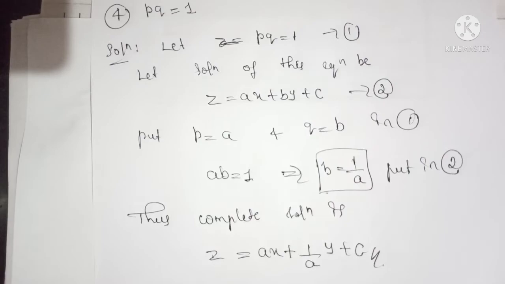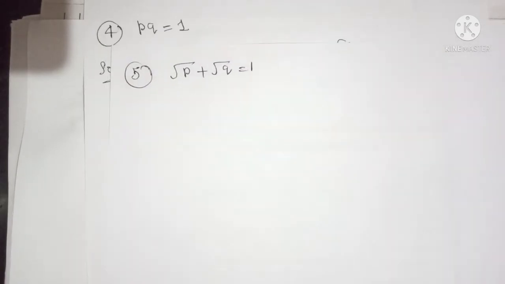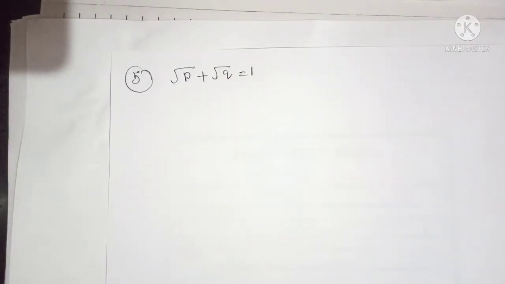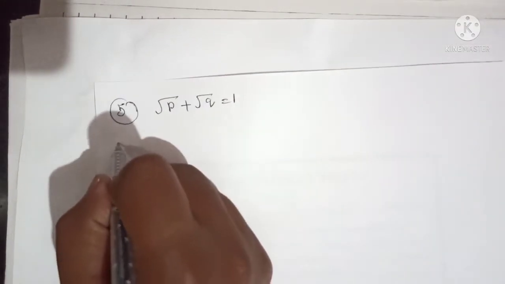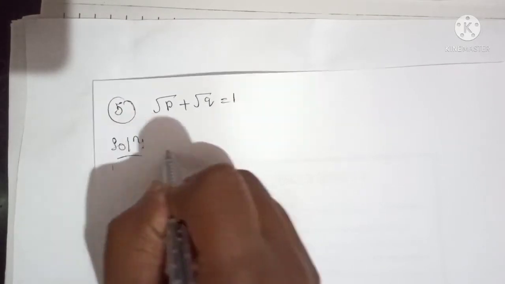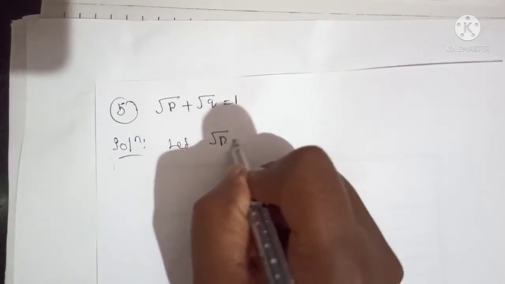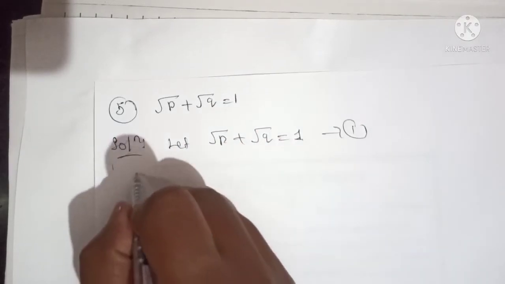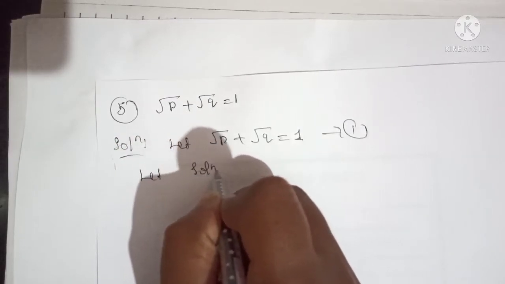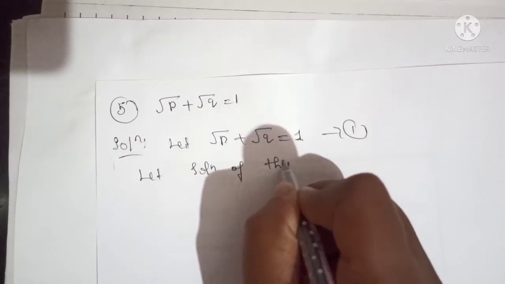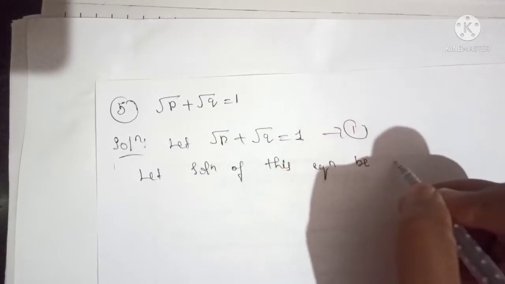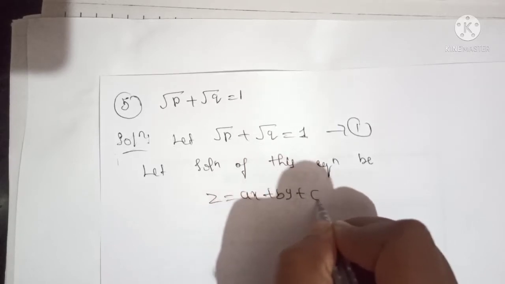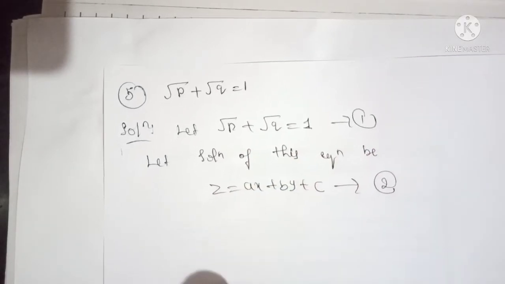Okay. Next example. Root P plus root Q equals 1. Let the given equation be equation 1. Let the solution of this equation be Z is equal to AX plus BY plus C as equation 2.